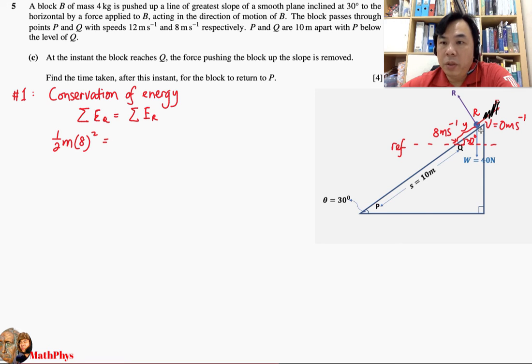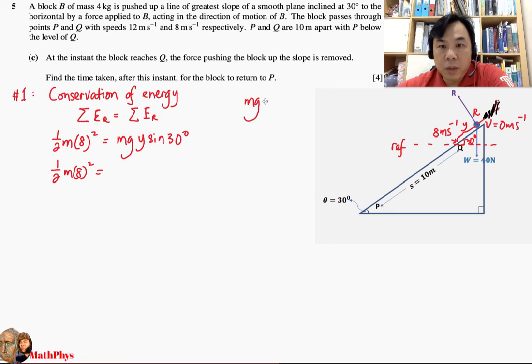And then when it reaches the position R, we know that its kinetic energy is totally zero, whereby it will gain gravitational potential energy, which is m g y sine 30 there. So from here we try to simplify this as half m 8 square equal to m g y sine 30.